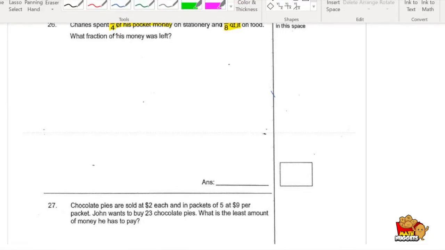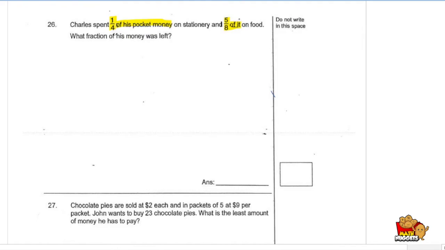It refers to his pocket money. So the two fractions are referring to the same whole, which means you can change them to the same denominator. So I will change this to denominator 8 by multiplying by 2, both the top and bottom. So this becomes 2 out of 8.